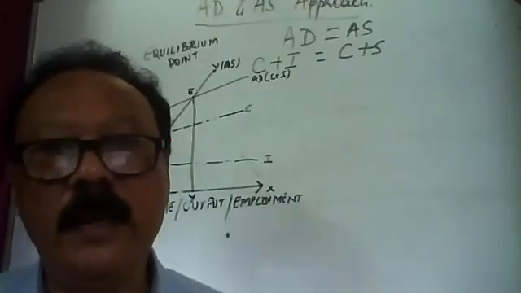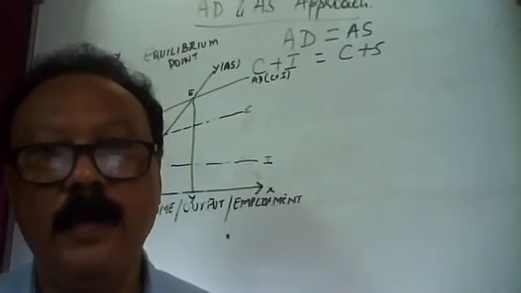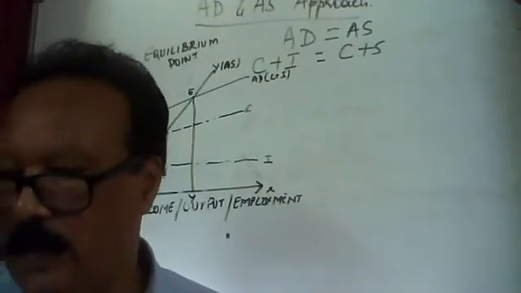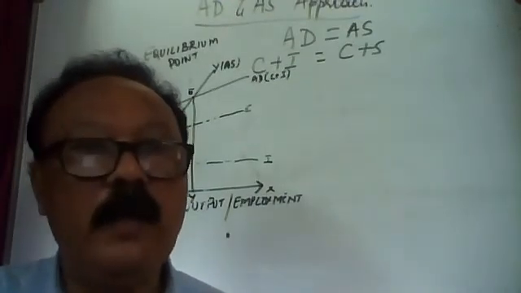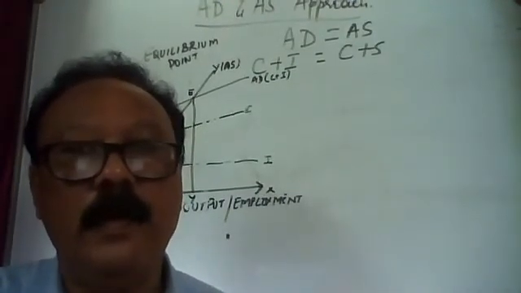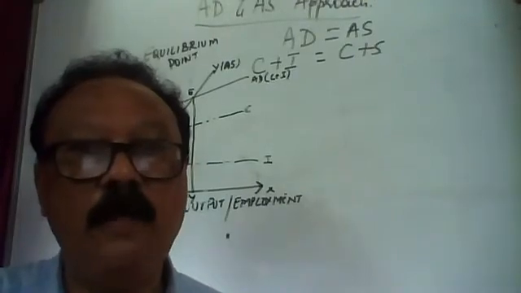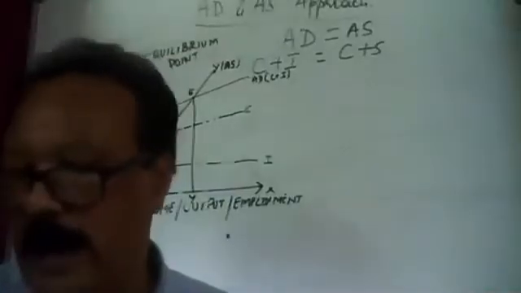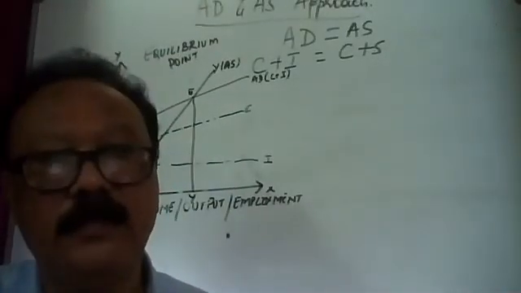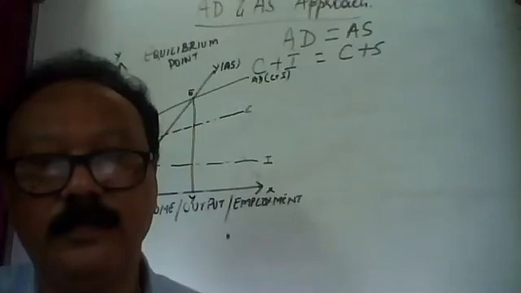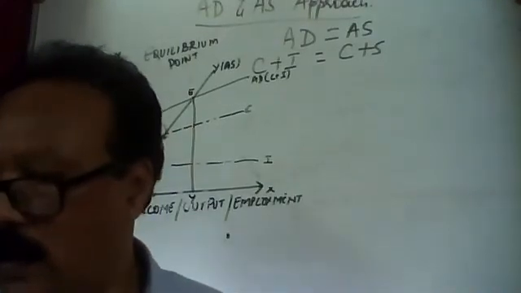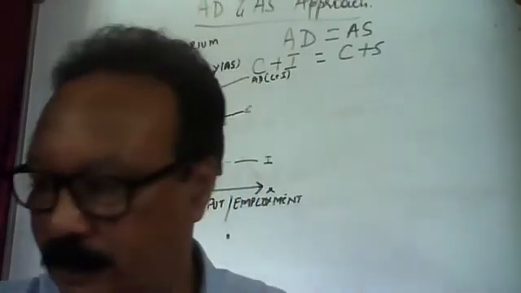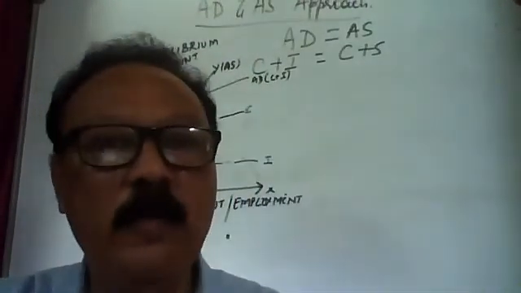If there is any deviation from the equilibrium level, AD and AS will bring it back to equilibrium.